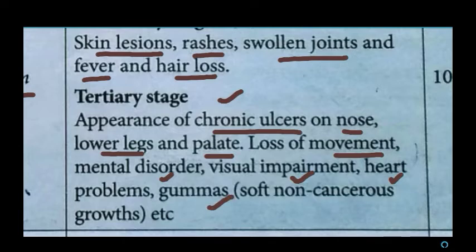Gummas are nothing but soft, non-cancerous growths. So these are the symptoms of the STD syphilis.